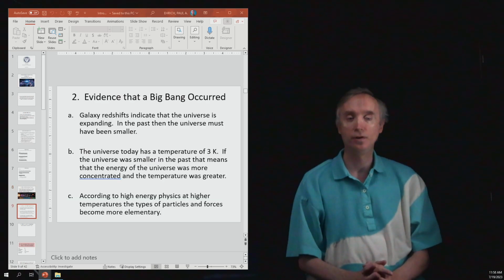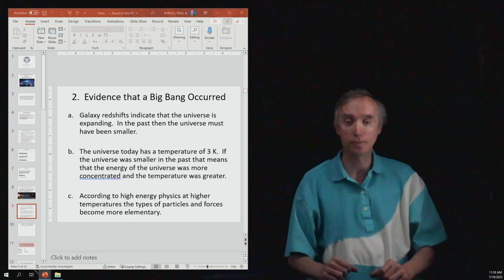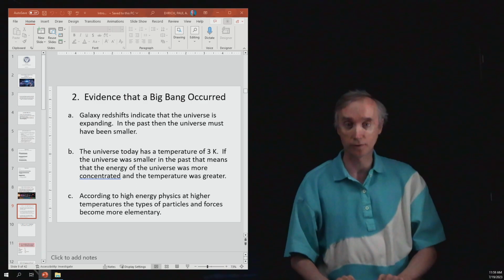So how do we know that the Big Bang occurred? We're going to try to give you some evidence that everything began as a very dense object that was very high in temperature and energy and made of fundamental particles.